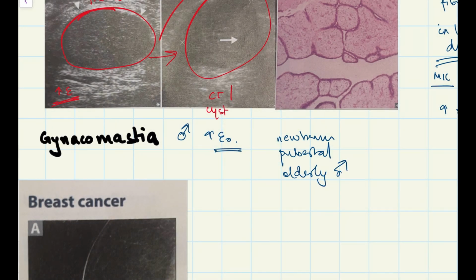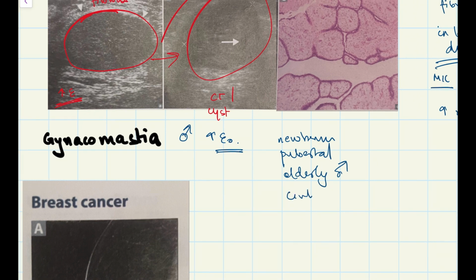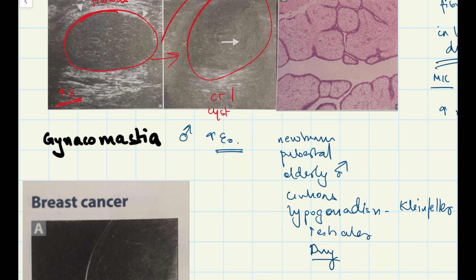But it may also persist after puberty. The other causes of gynecomastia include cirrhosis, hypogonadism, right? We read in Klinefelter syndrome. Then testicular tumors and drugs like spironolactone.